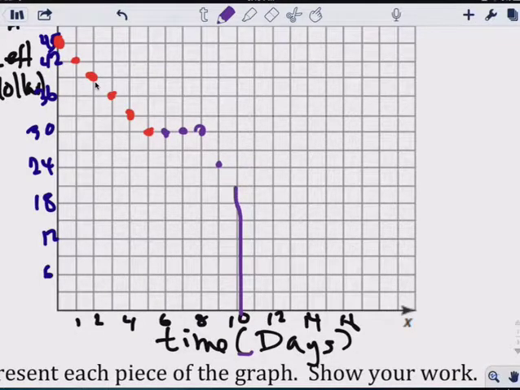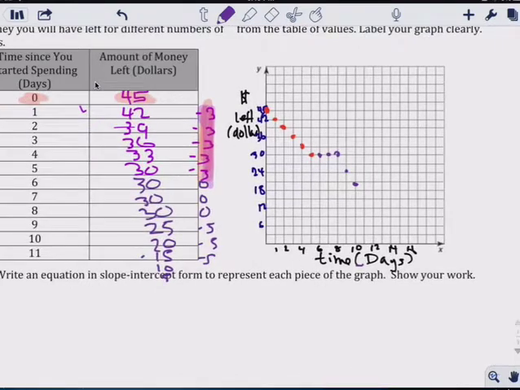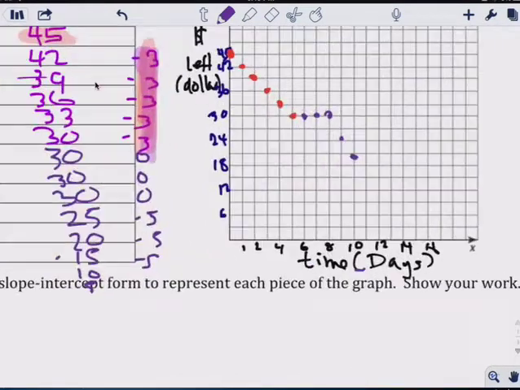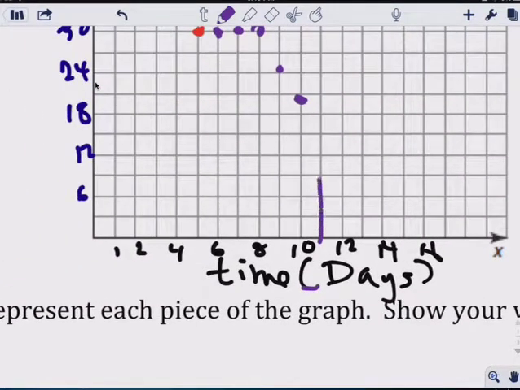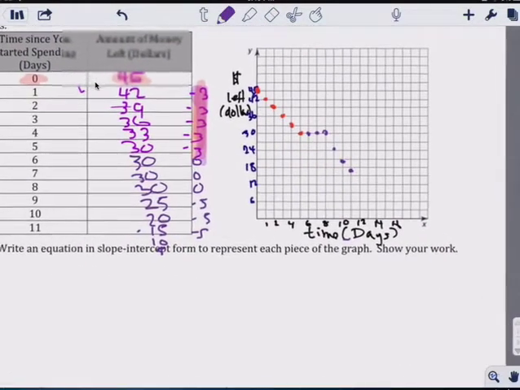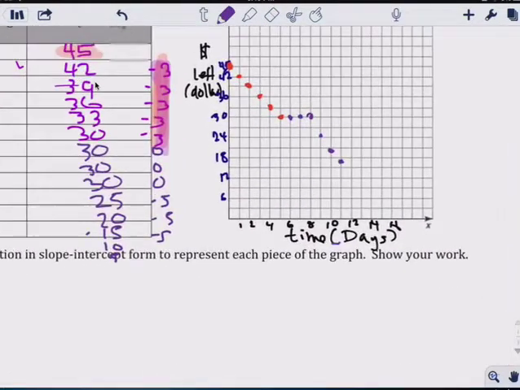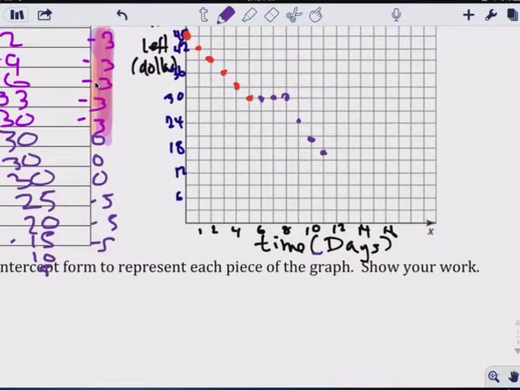That's 21, so 20 is right below it, right there. And then 11 is 15, here's 11. That's 12, 13, 15 is somewhere about there, we estimate. And then 12 is about 10 right there.